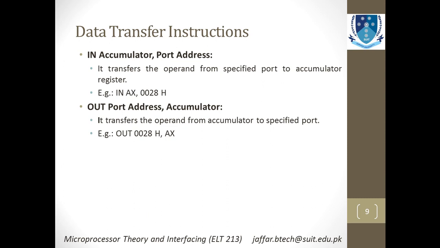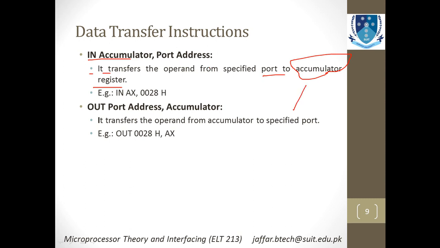Now coming toward this instruction set, that is IN accumulator, OUT port address, input address, IN accumulator and OUT port address or accumulator. So starting with the IN port address or IN accumulator, it basically transfers the operand from a specified port to accumulator register. You know that the accumulator register is basically the one which is handling most of the operations regarding ALU.